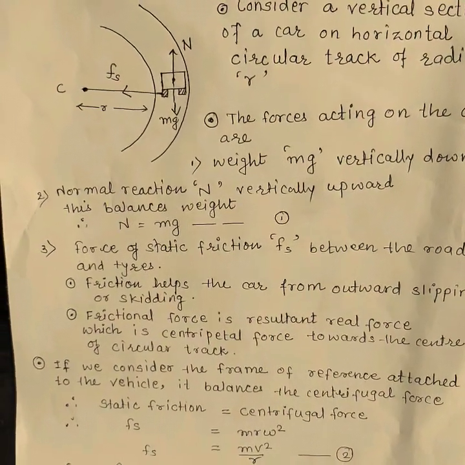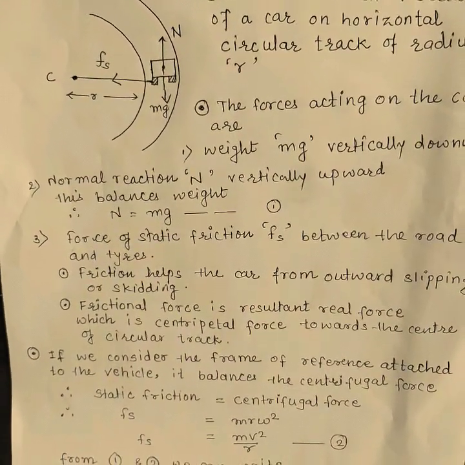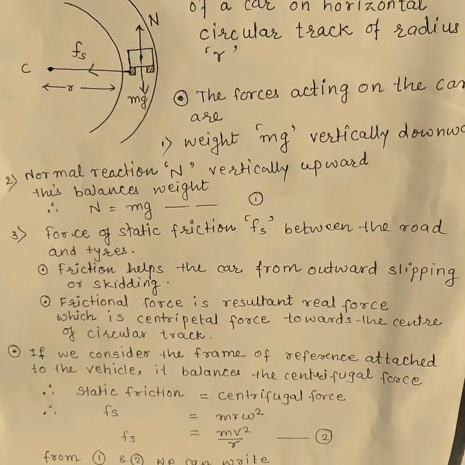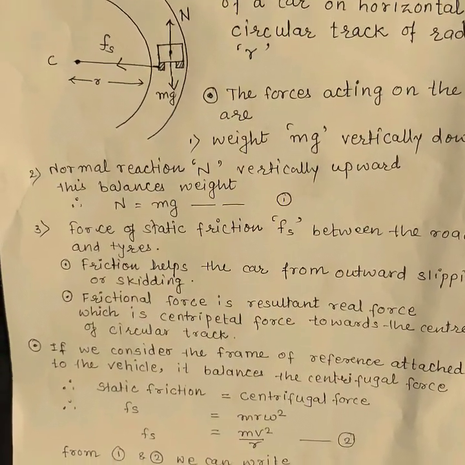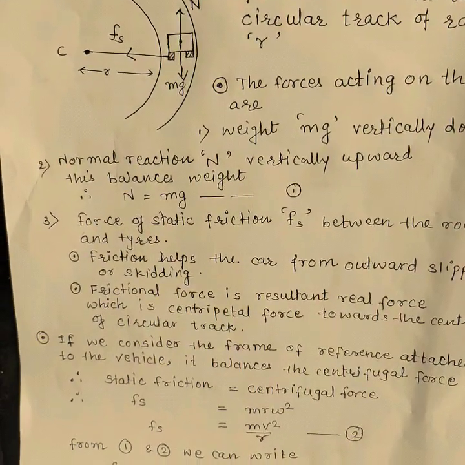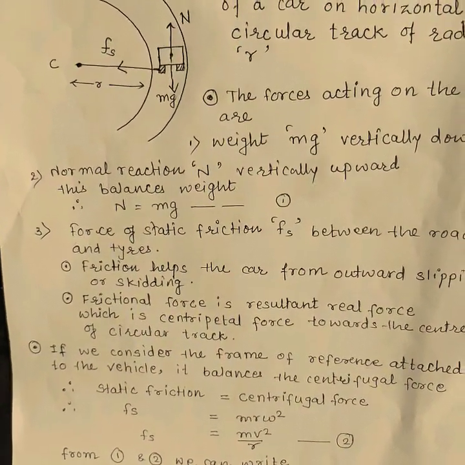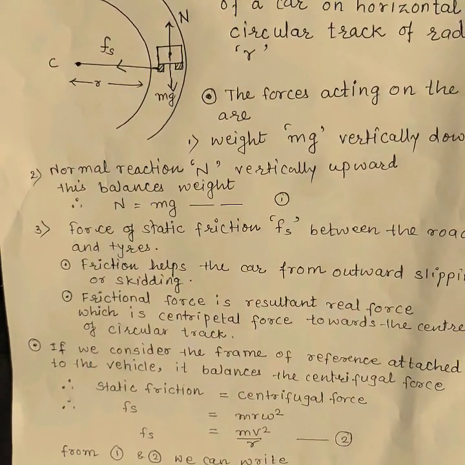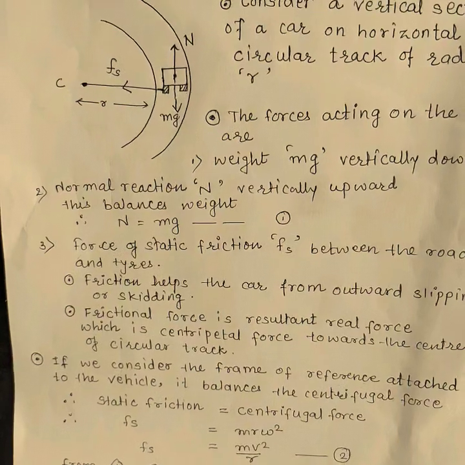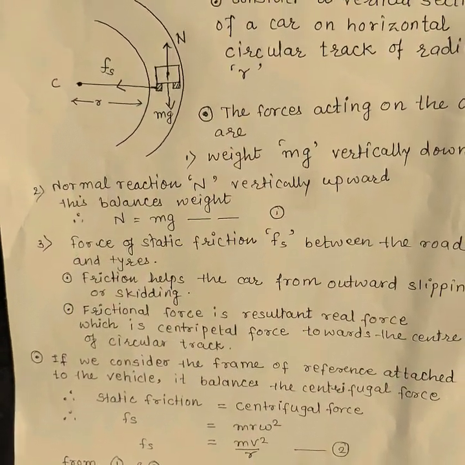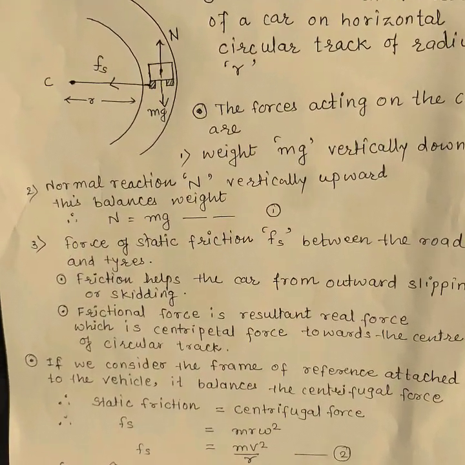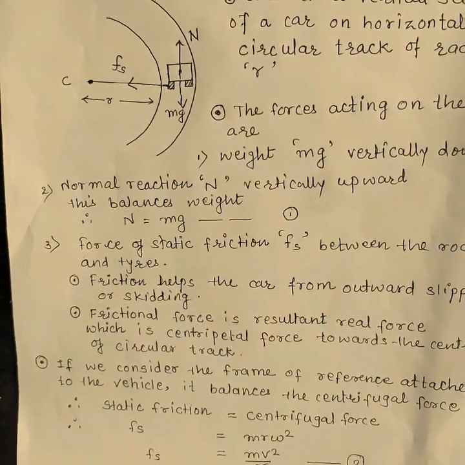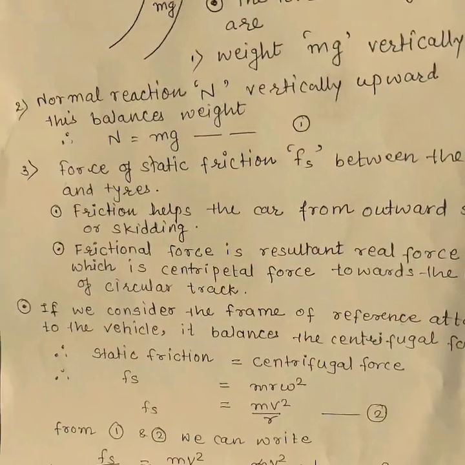If we consider the frame of reference attached to the vehicle, then it balances the centrifugal force. Frictional force balances centrifugal force. Then only the circular motion is possible. Therefore, we can write the equation here. Static friction is equal to centrifugal force, meaning centripetal force is equal to centrifugal force here.